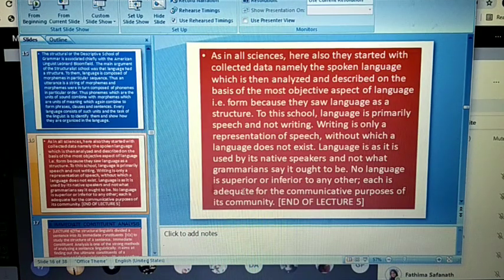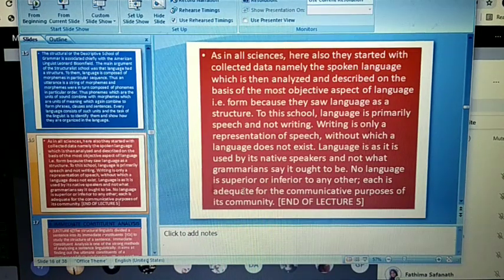As in all sciences, here also they started with collected data, namely the spoken language, which is then analyzed and described on the basis of the most objective aspect of language, that is form, because they saw language as a structure.